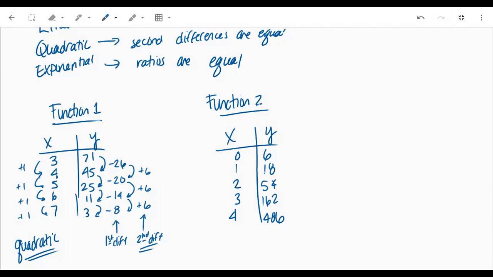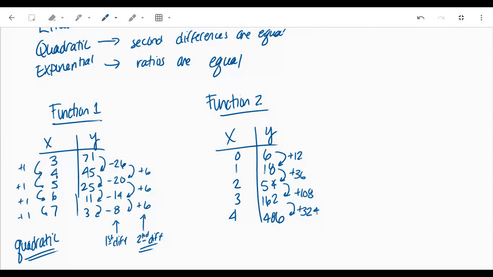I can already kind of tell by how quickly it starts to increase that it's probably exponential, but we'll just double check anyways. 6 to 18 is plus 12. 18 to 54, that's plus 36. 54 to 162, that's plus 108. And then 486 minus 162, that's plus 324.